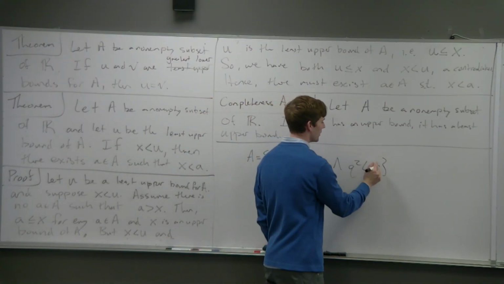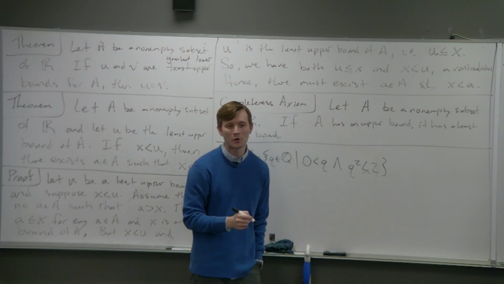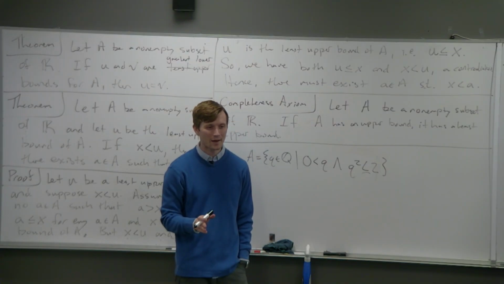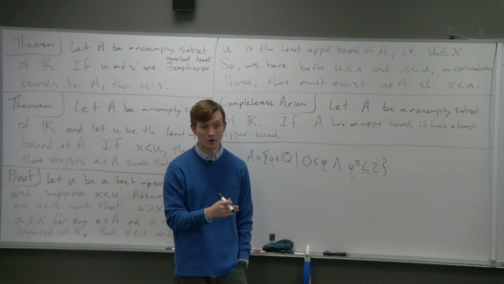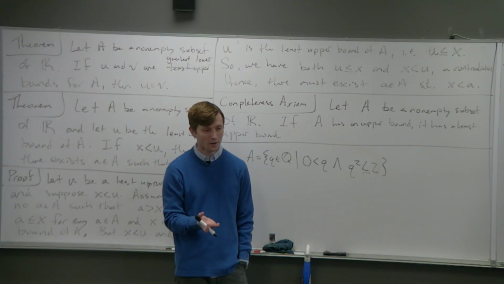I think we did 2, because we proved that square root of 2 is irrational, right? Okay, upper bounds for this. There are many rational numbers that are larger than square root of 2. Is there any smallest rational number that is bigger than square root of 2?